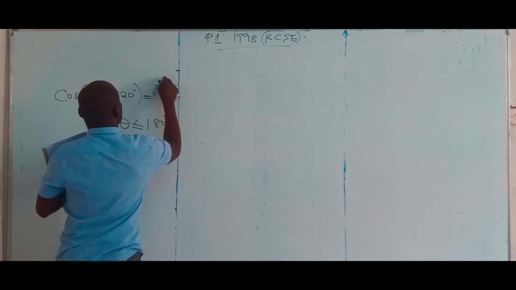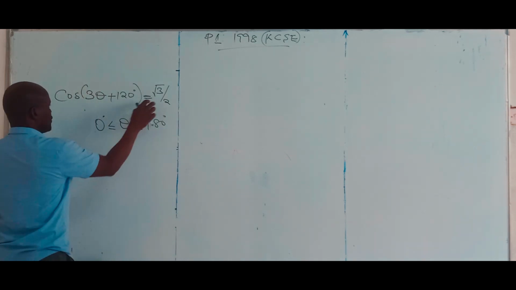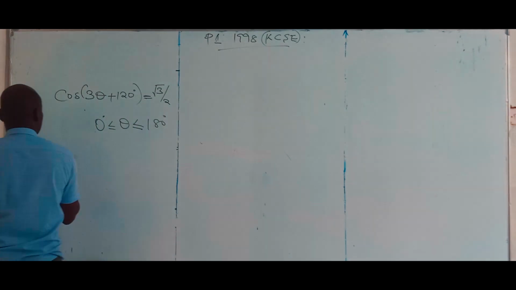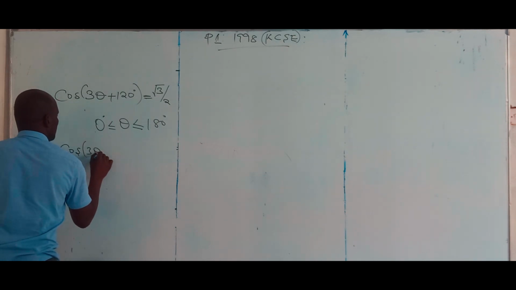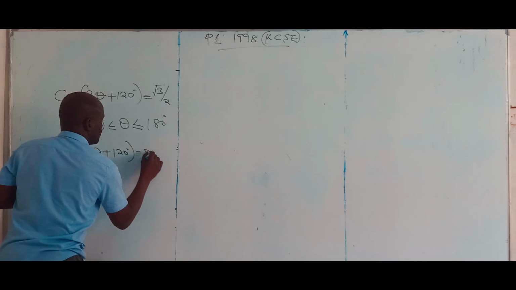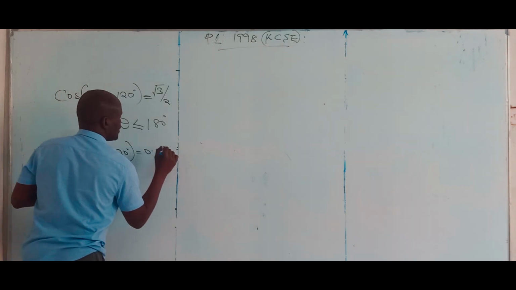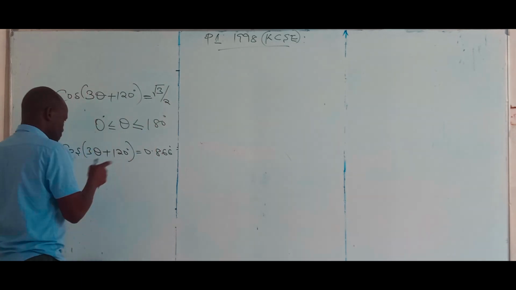Here we are referring to that of 30, which is 0.866. So we'll say that cos of (3 theta plus 120 degrees) is equal to 0.866, with the 6 recurring.